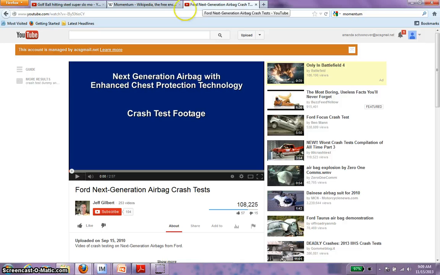Let's look at this. This is the idea of an airbag. Airbags are designed so that the force it takes to change a person's momentum when they're in a car accident is never great enough at any one time to do as much damage as if they were to hit something that was non-elastic, like the steering wheel or the windshield.